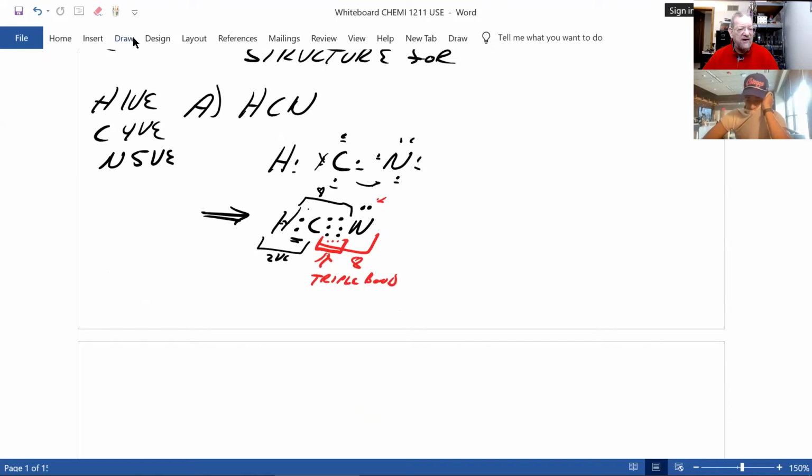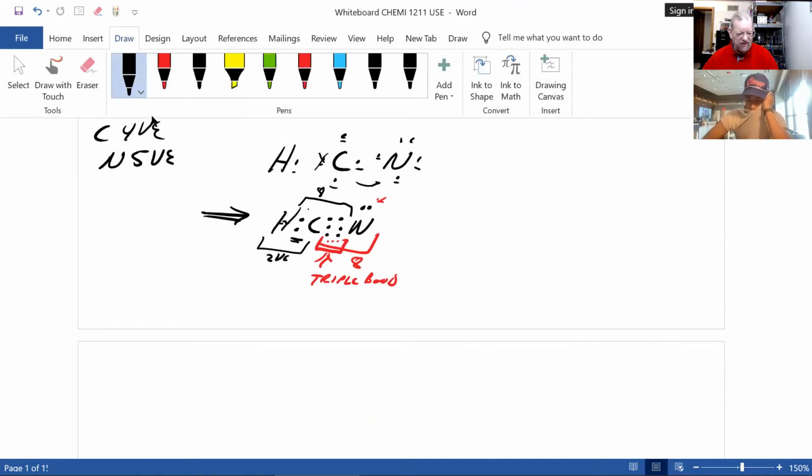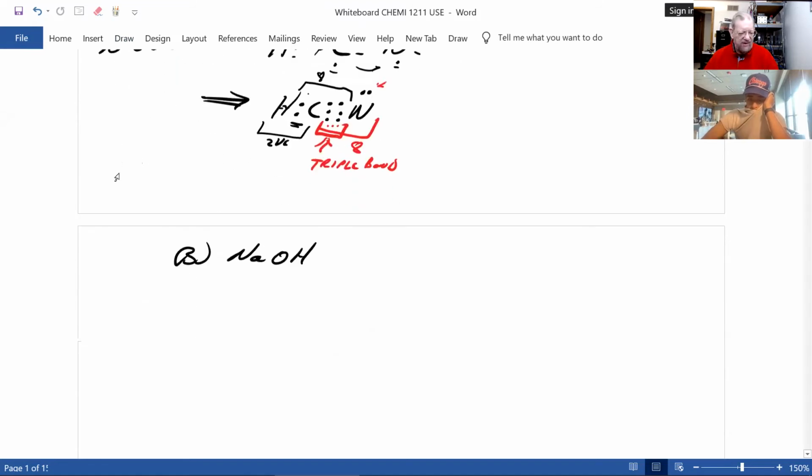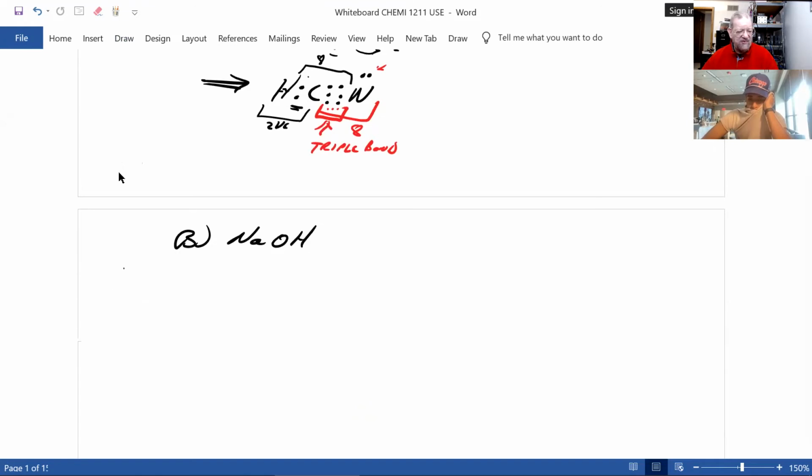And one more thing I want to show you. All alkali metals and alkaline earth metals never form covalent bonds.